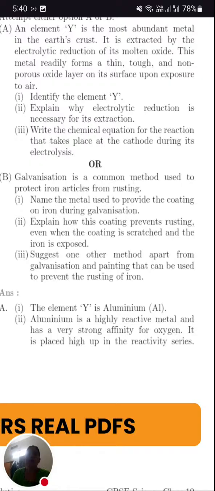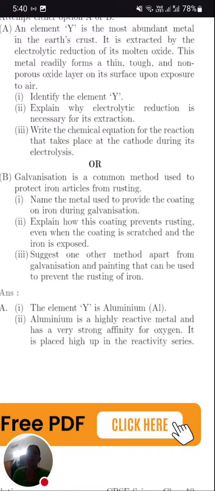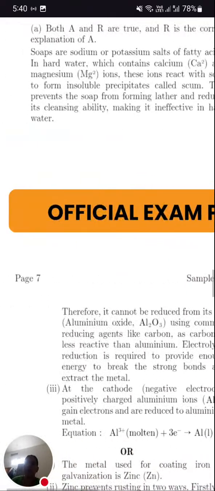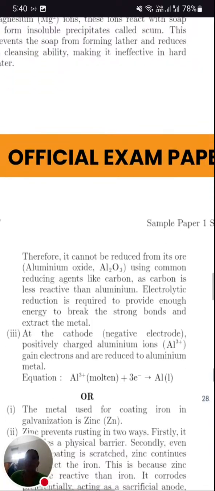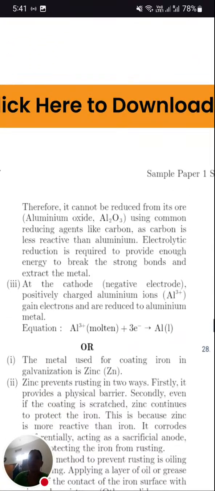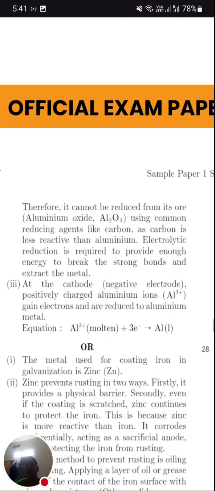Write a chemical equation for the reaction that takes place at the cathode during electrolysis. Aluminium cannot be reduced from its ore, aluminium oxide, using a common reducing agent like carbon. Carbon is less reactive than aluminium, so carbon cannot reduce it.